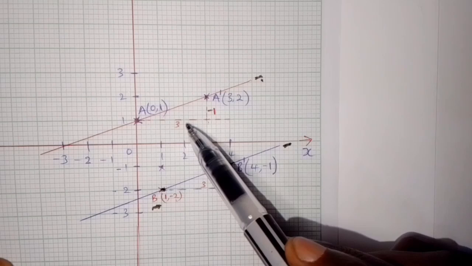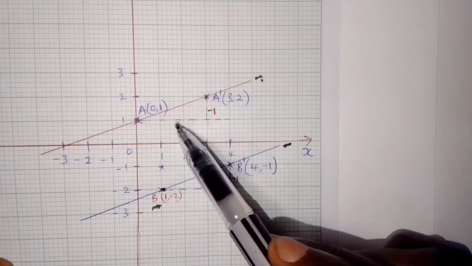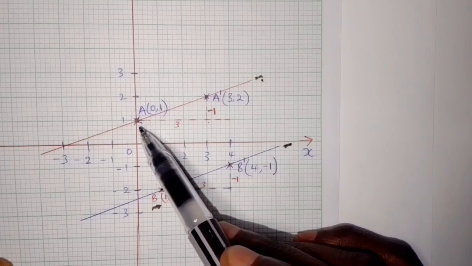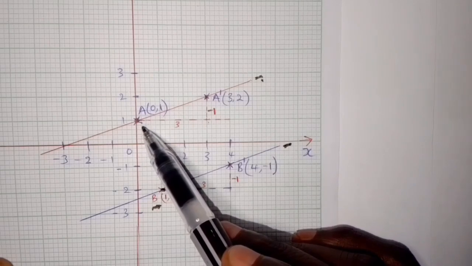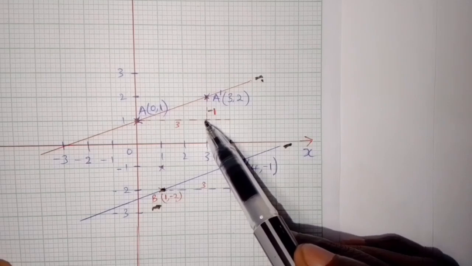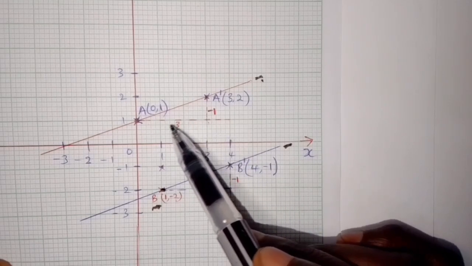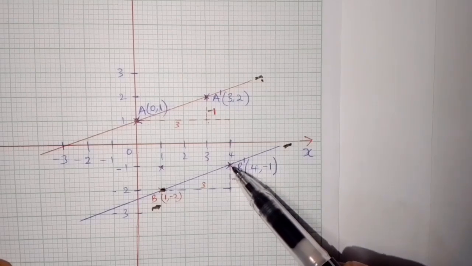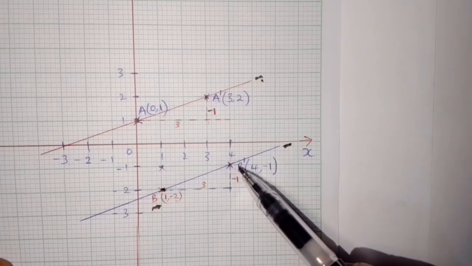So that is 3 here. 1, 2, 3 is making us end at this point A. So we move down by 1, we move 3 horizontally, then we get A. So we are going to apply that one also here because it is the same translation.